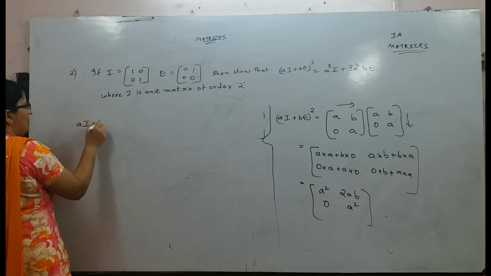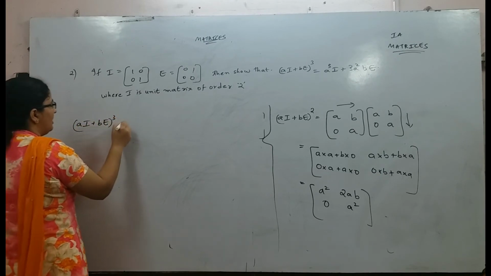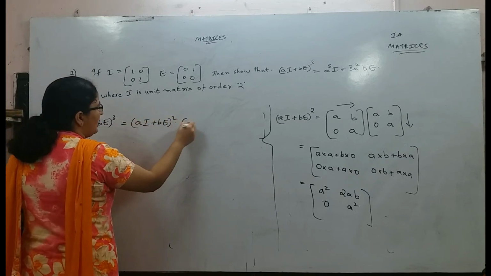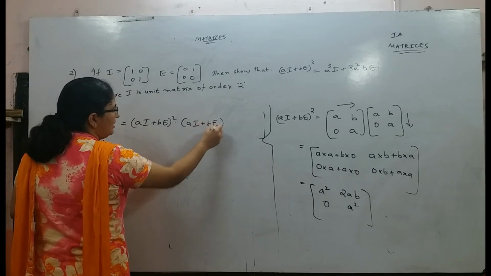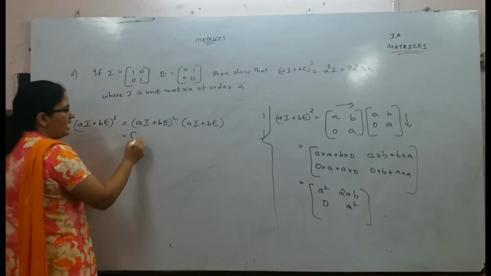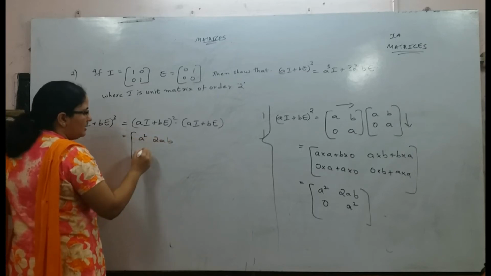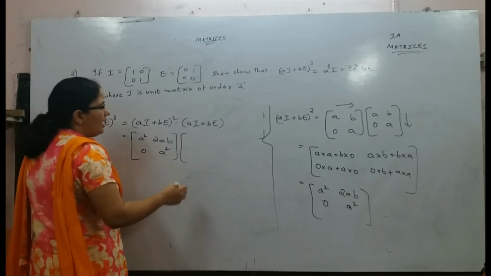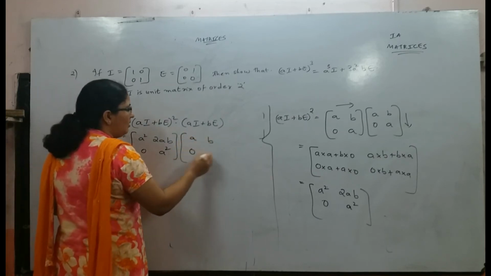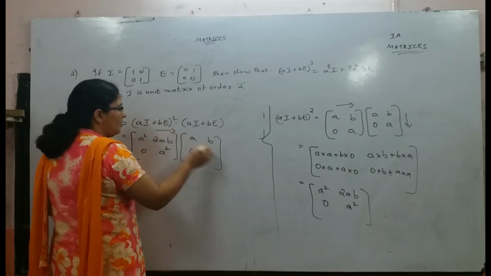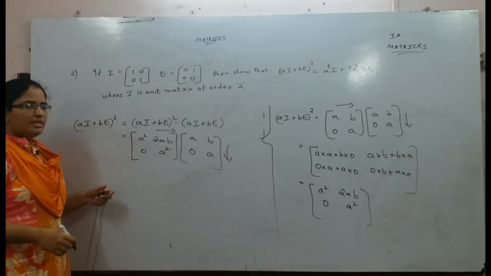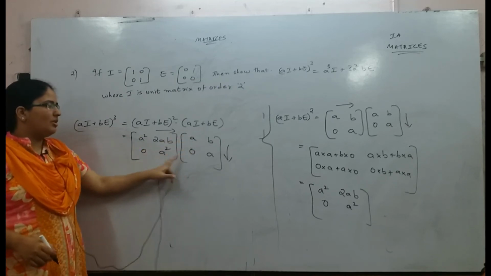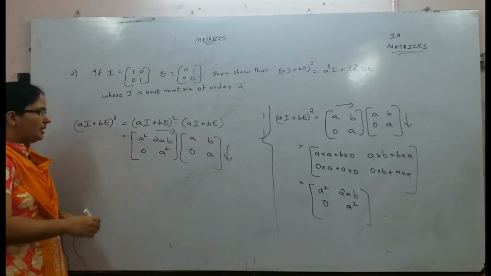AI plus BE whole cube is equal to AI plus BE whole square into AI plus BE. So that is nothing but A square 2AB 0 A square into AB 0 A. To multiply rows with columns, here again, first row first column, first row second column, second row first column, second row second column. That is how you have to multiply.